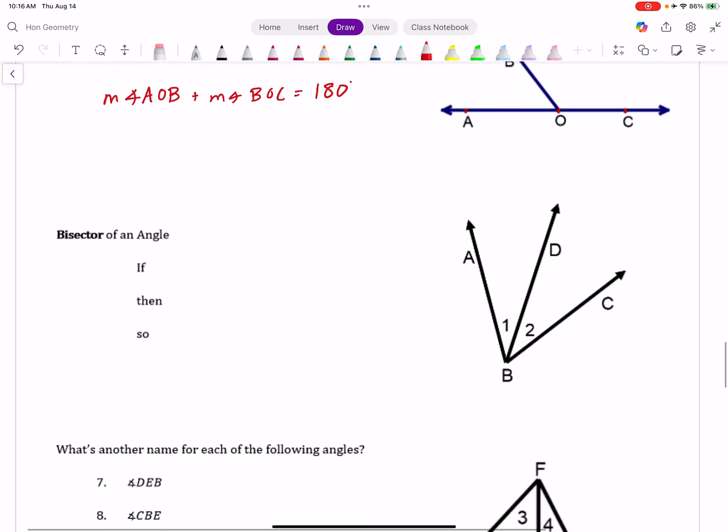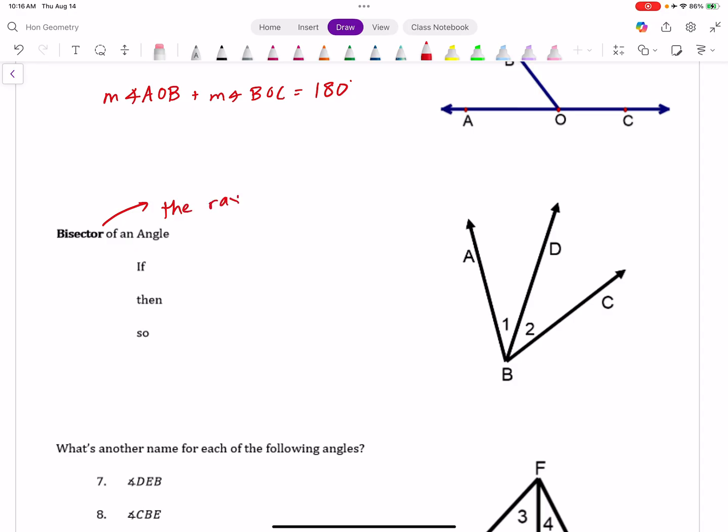Okay, so next part, we've got a bisector of an angle. So here's the definition. Well, no, I guess we can say this one ray bisects an angle. You can think of it as a ray, but if it were a segment, or a line, or even a plane, we probably still would say it could bisect the angle.